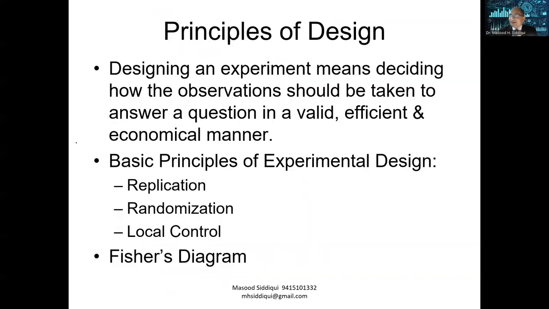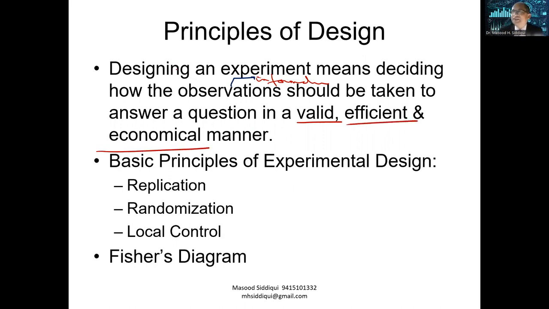Right? Now, as we have discussed about the research design, here we are providing the necessary definition. Designing an experiment means deciding how the observations should be taken to answer a question in a valid, efficient, and economical manner, right?